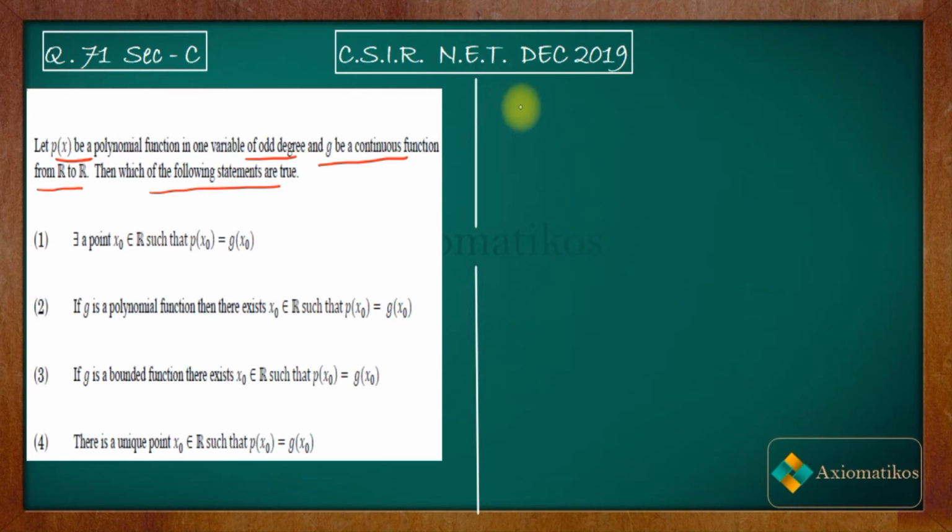Option 3 is saying that if g is a bounded function, then there exists x naught belongs to R such that P(x naught) equal to g(x naught). So g is bounded.